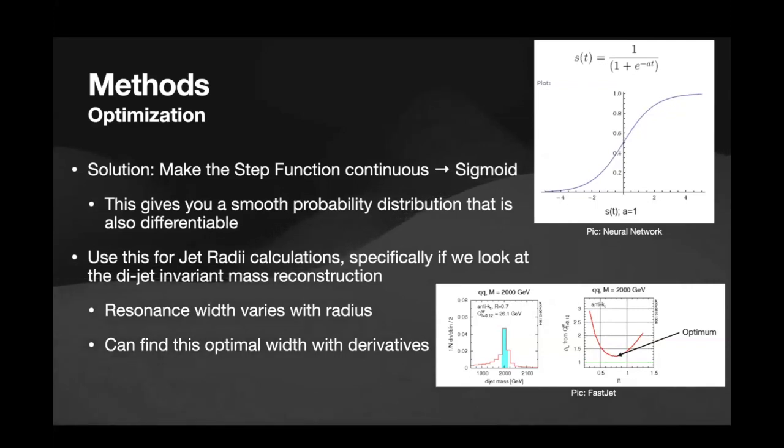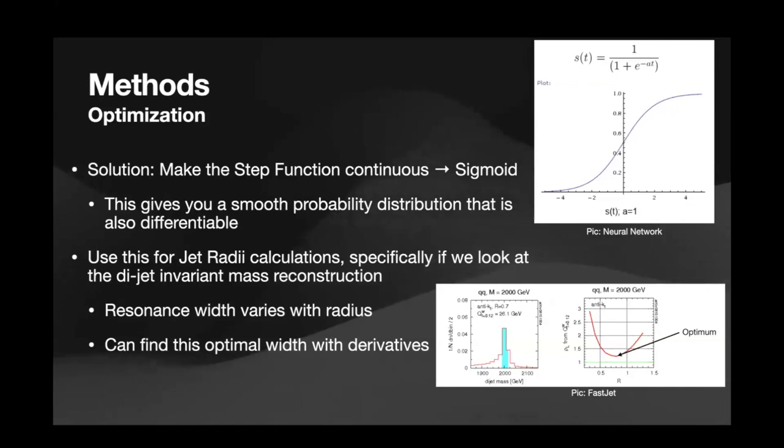So you can use this for jet radii calculations. If you can pass back with differentiability in your jets, you can determine the optimal radius essentially, right? On the right there's this little plot of the dijet invariant mass reconstruction.